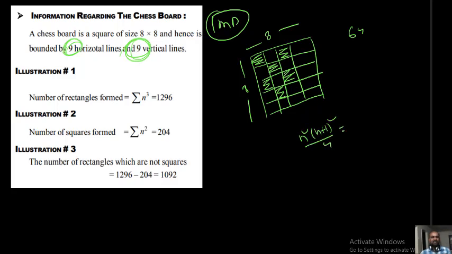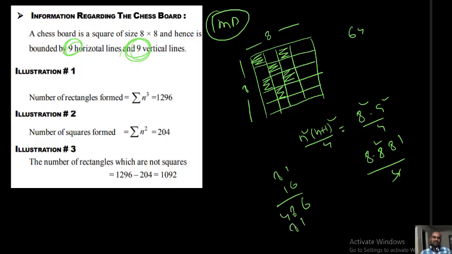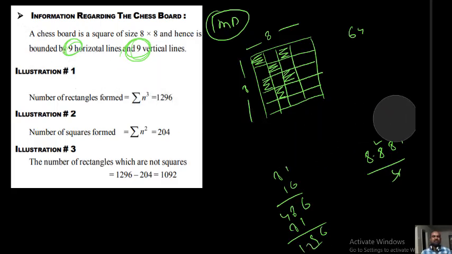Here n stands for 8: 8 square into 8 plus 1 square, 9 square, by 4. So 8 into 81 by 4 gives 1296. Therefore the rectangles are 1296.